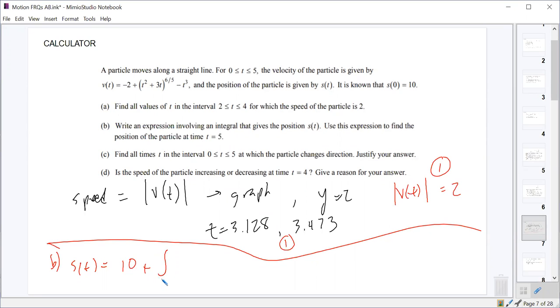So when we integrate, we got to integrate from 0 to whatever t value we're looking for. So -2 plus t squared plus 3t to the 6/5 minus t cubed dt. So that's your expression.